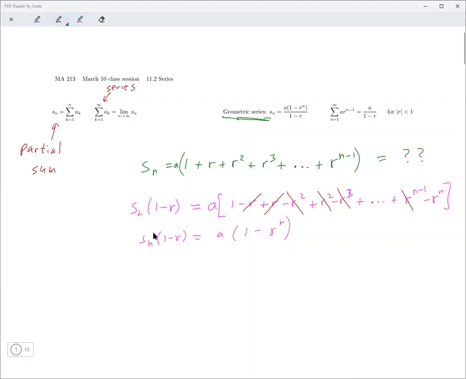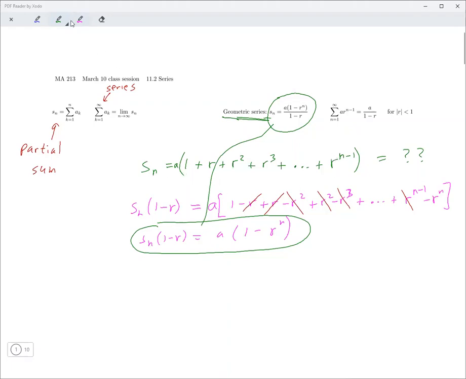And this right here, divide both sides by 1 minus r, and I get this right here. Okay, so this is what it's going to add up to when I'm taking the first n terms, and when I have something like this.